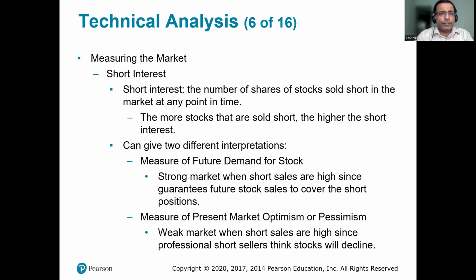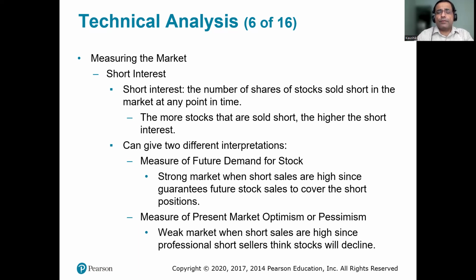The next measure is short interest. Short interest means the number of shares of stocks which have been under short selling. We can interpret the short interest in two ways.